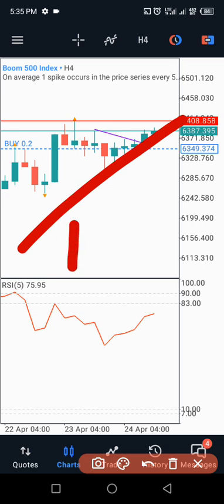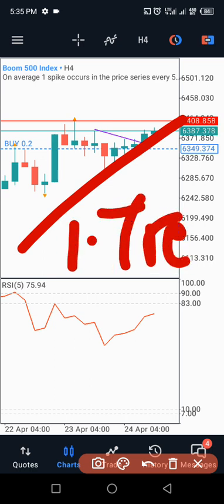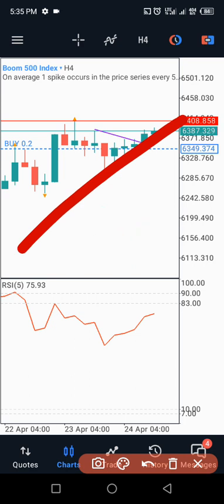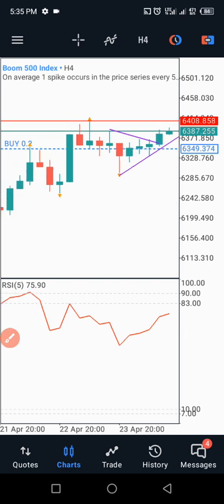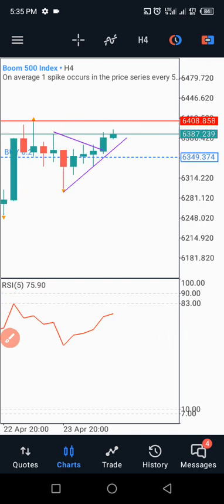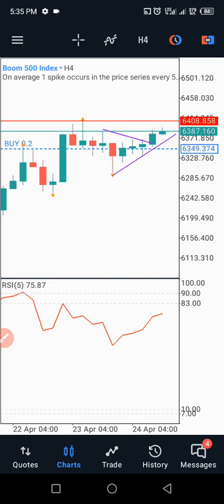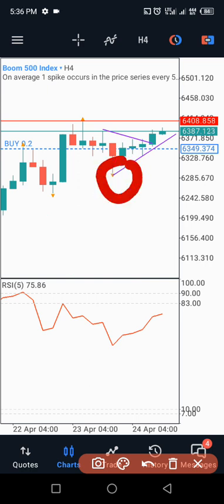After you've noticed that, that is the only thing we need to know to use this strategy: the direction of the trend, which is an uptrend. Should the case be a downtrend, it will also work for a downtrend. Either a downtrend or an uptrend, but in this case we are having an uptrend. The next thing we want to note is that this low here is higher than this low here.